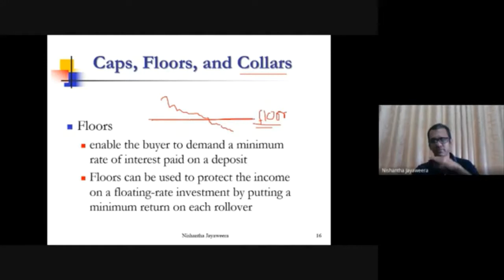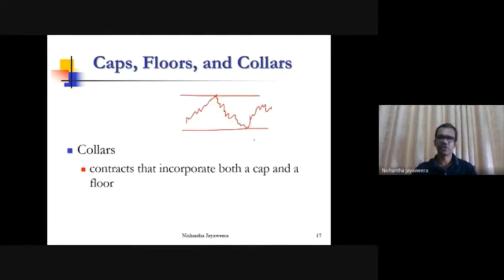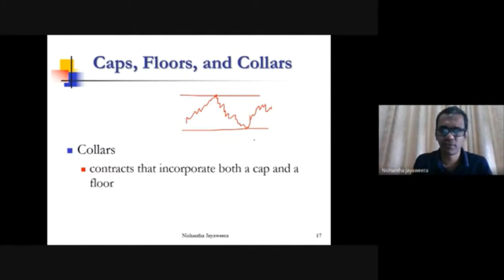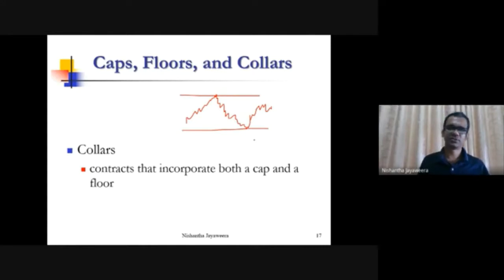And with collars, you arrange a range. Within that, you are fine. It can be an expense or it can be an income. Within that band, you are happy to work. So caps, floors, and collars can be constructed using options, call options or put options, and combinations of those things.